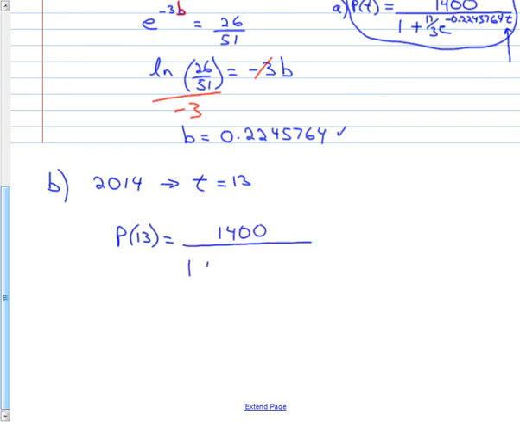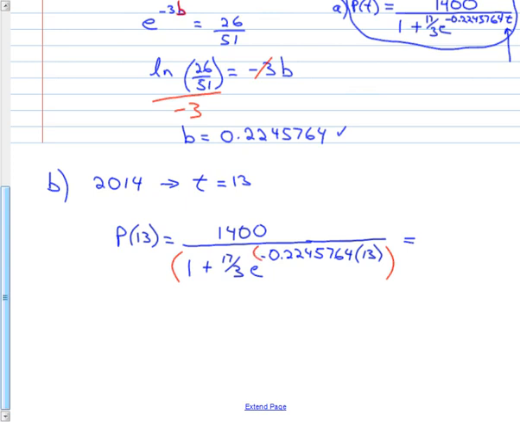1,400 over 1 plus 17 thirds, e to the negative 0.2245764 times 13. Try your calculator. Make sure you can enter that correctly. You would probably need a nice set of parentheses around that denominator.